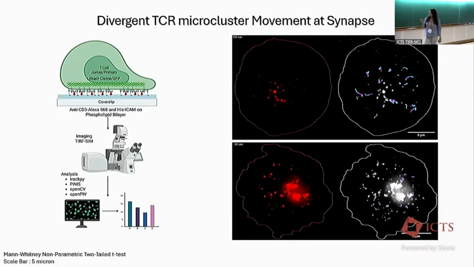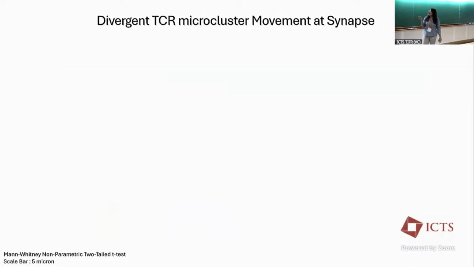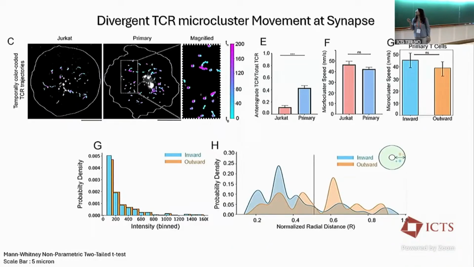But the surprise came when we quantified these primary T cells. There was actually a significant fraction of microclusters that instead of going to the central cSMAC zone, was going to the peripheral zone in the anterograde direction. Upon quantification, we found almost 40% of the TCR microclusters travel to the periphery.